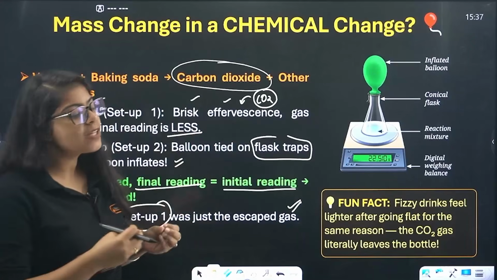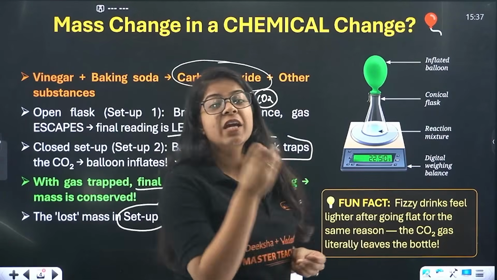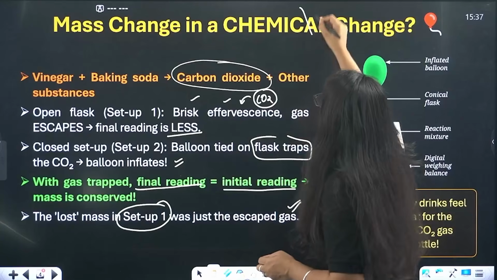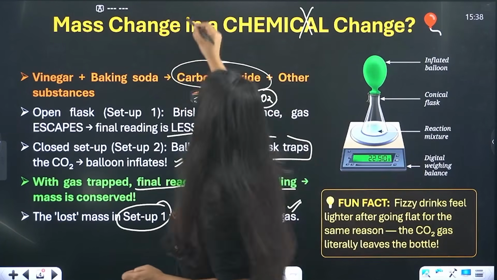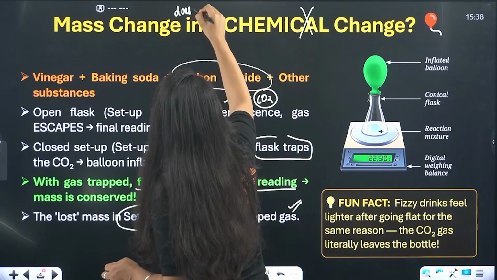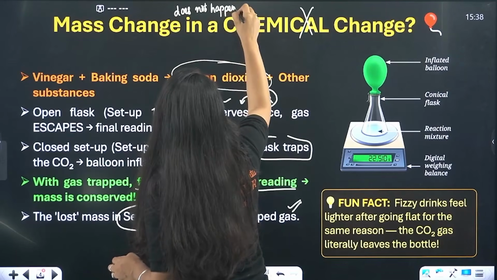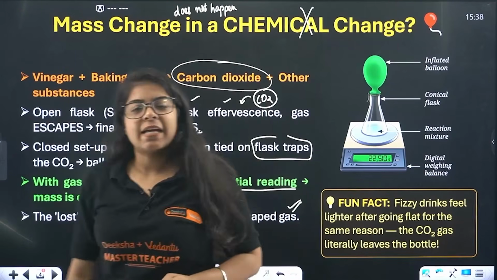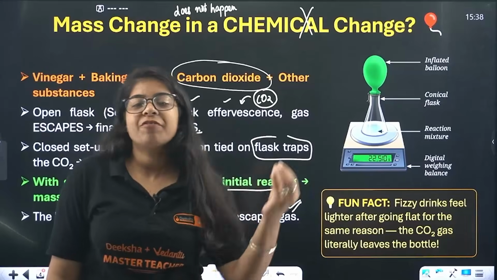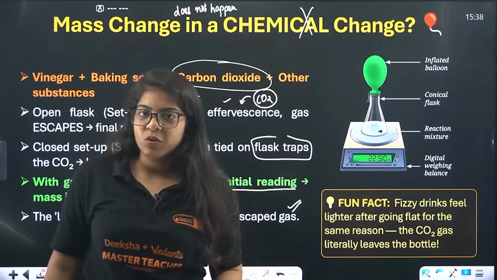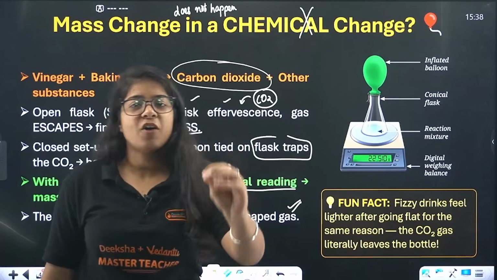And that is why we say that mass change does not happen in a chemical change. That's the basic idea of mass change in this particular topic and area of chemistry.